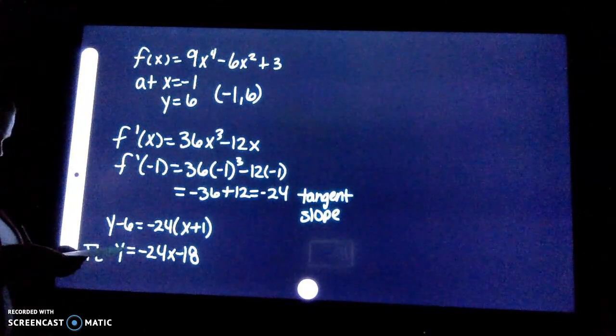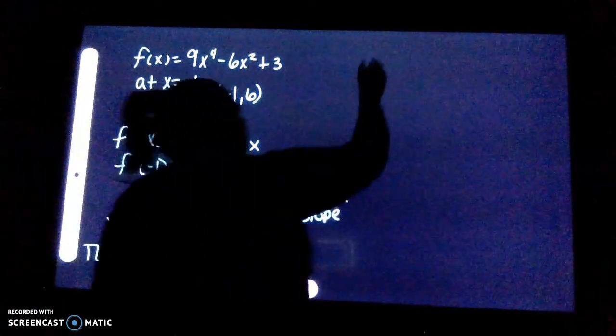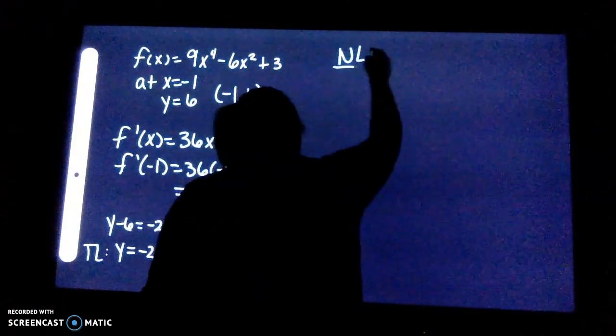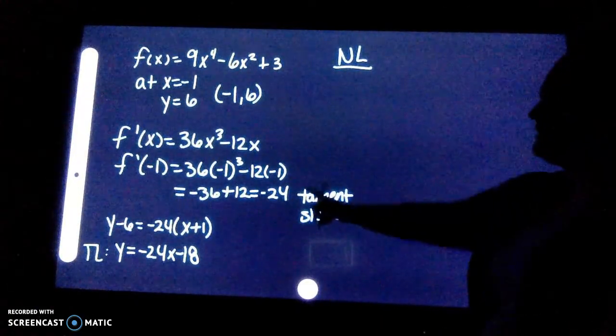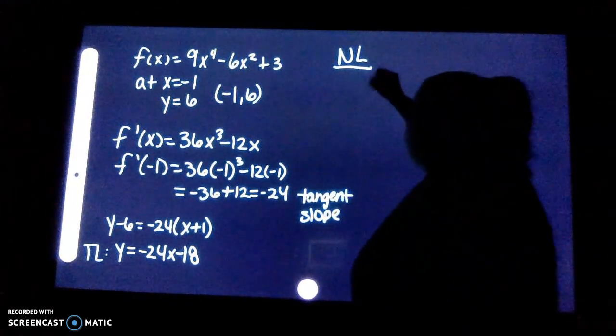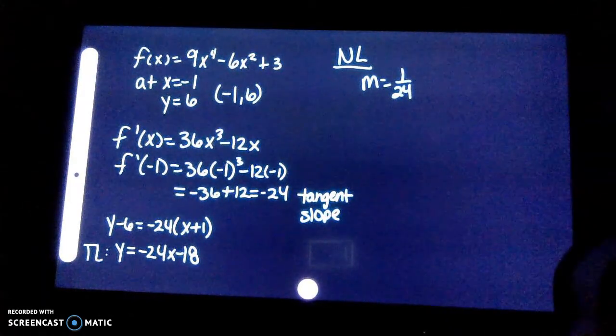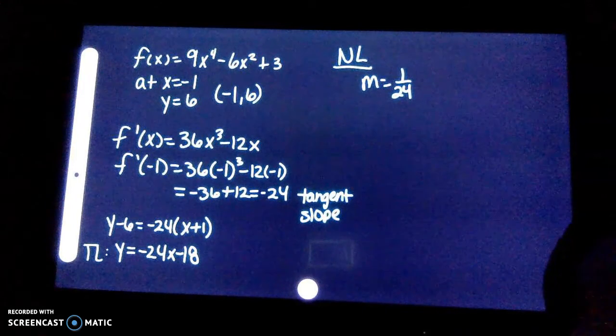So TL. I would like to go ahead and find my normal line then. So NL. I'm going to take the slope I calculated, which is negative 24, flip it and take the opposite sign. So my normal line equation slope is positive 1 over 24.